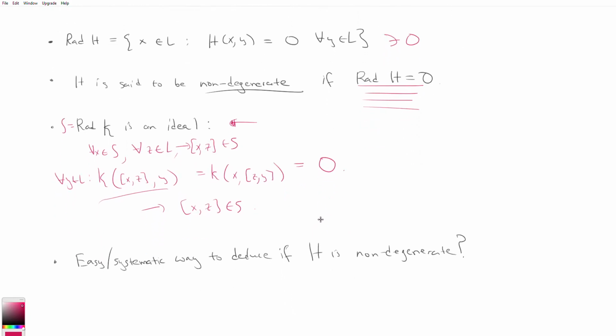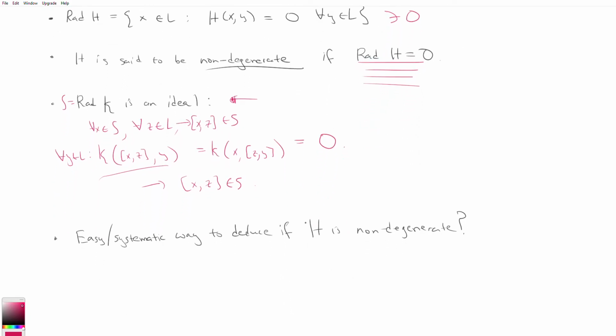The systematic way, I wouldn't say easy because there's still some work involved, to deduce if H is non-degenerate is to consider the following approach. Fix a basis beta for L, so x1, x2, ..., xm.